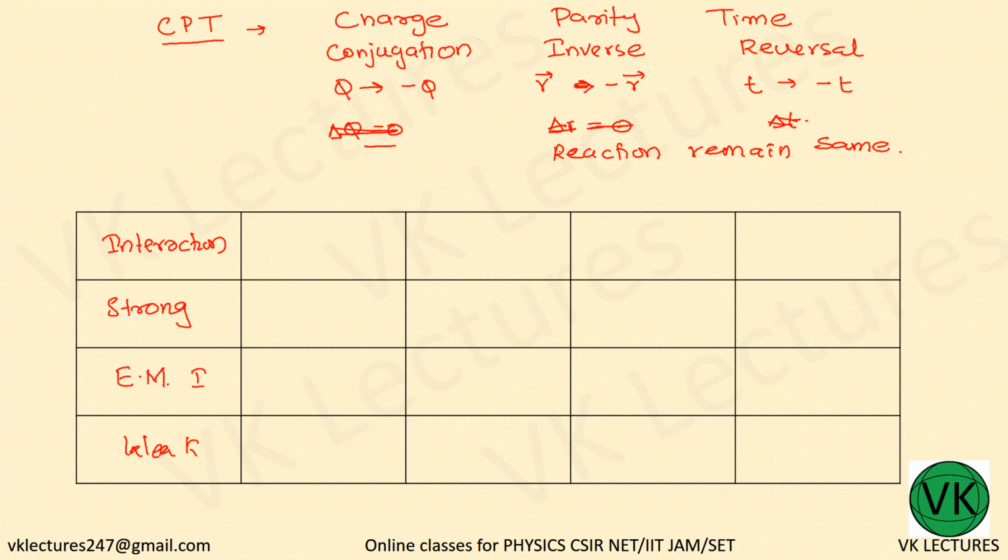And here we have charge, parity, and time reversal, and all together charge, parity, and time reversal in one go. Now for strong interaction, under charge conjugation the interaction remains the same.